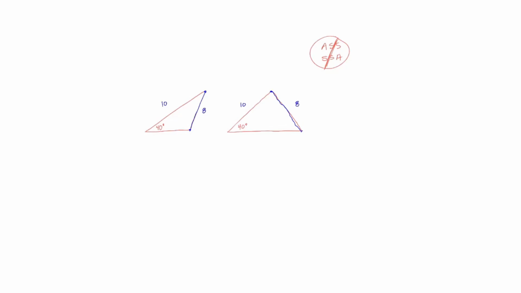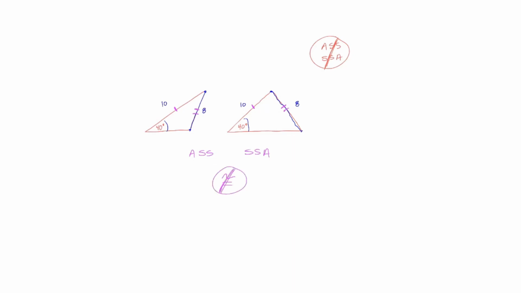You can make a triangle in which you'll have two congruent angles, a congruent side, or two congruent sides. So I have an angle and two sides, or two sides and an angle, but you see these two triangles are not congruent.